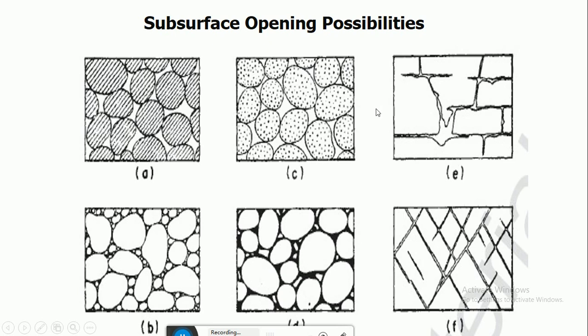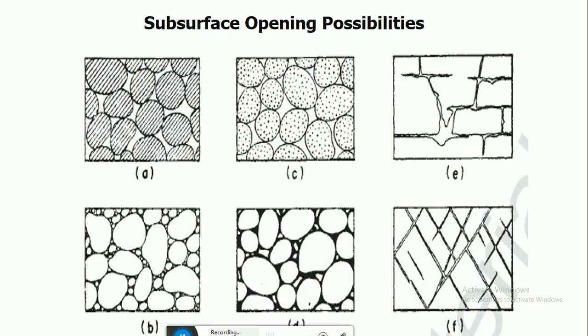C, well sorted sedimentary deposit consisting of fragments of rock that are themselves porous, so that the deposit has very high porosity. D, well sorted sedimentary deposit where porosity has been diminished by the deposition of mineral matter in interstices.